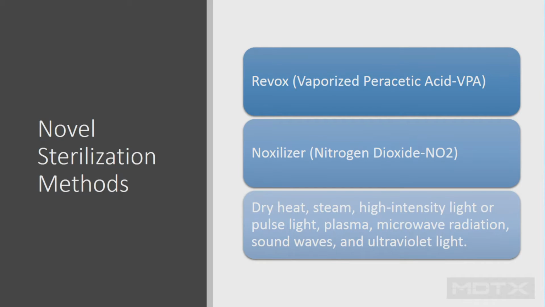And there are also other terminal sterilization methods that are worth noting, particularly Revox and Noxilizer. Revox has developed a chamber for VPA, vaporized peracetic acid. That's a very interesting technology. Our company, Steritech, is very interested in this technology.